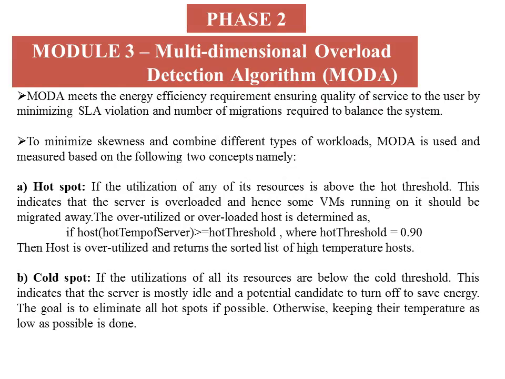Next, moving on to the modules, just a recap of what I have told about the MODA technique. Here the same thing is repeated with more concentration on the hotspot and cold spot, whereby the hotspot has a hot threshold value set as 0.90, and if the host is overutilized, it returns the sorted list of high temperature hosts.